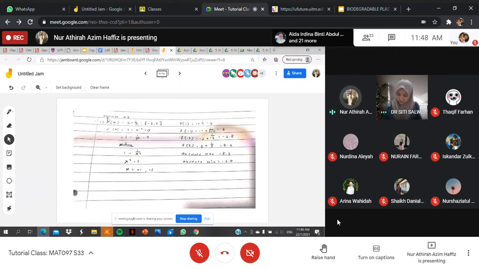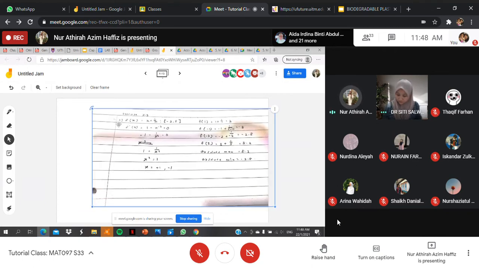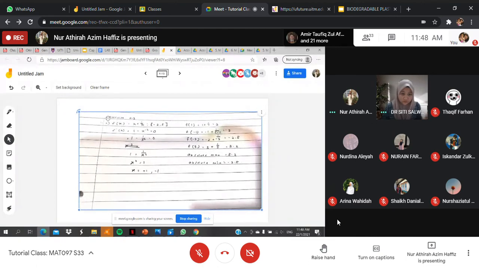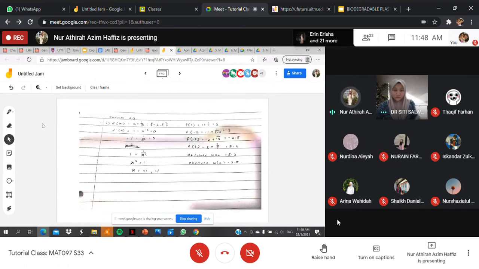Okay, so ni dia bagi f(x) = x plus 1 over x. So saya differentiate dapat 1 minus x to the power negative 2. And then tu saya cari nilai x which is 1 dengan negative 1. And since both values are in between the intervals, kita substitute both values on f(x).